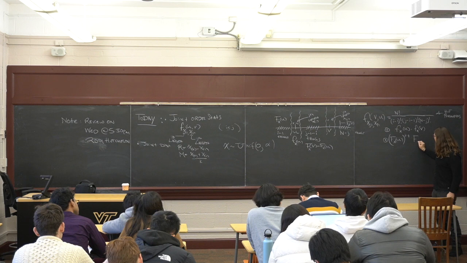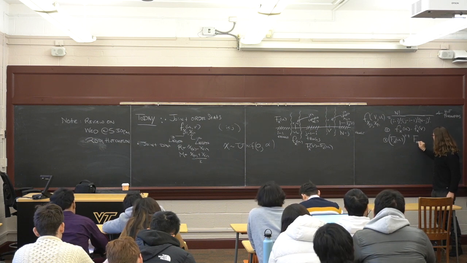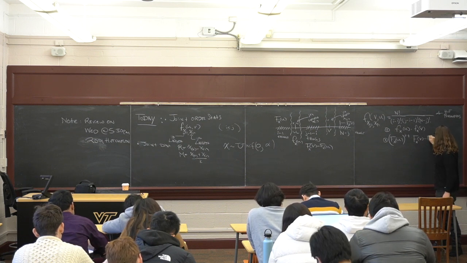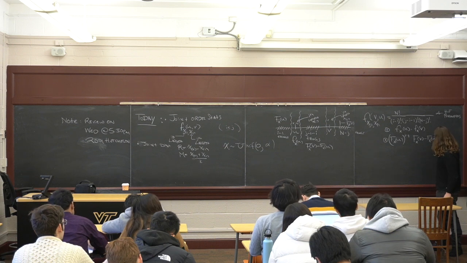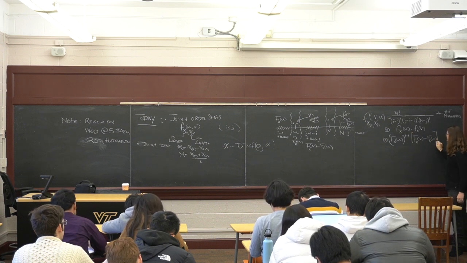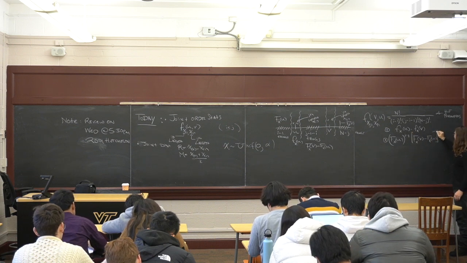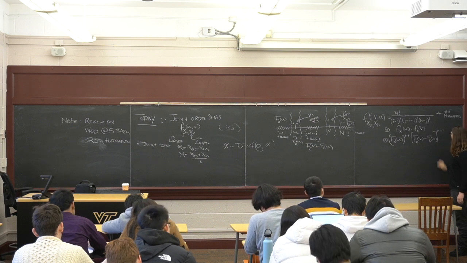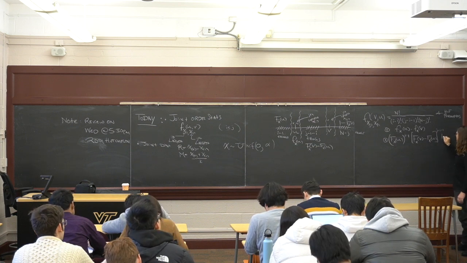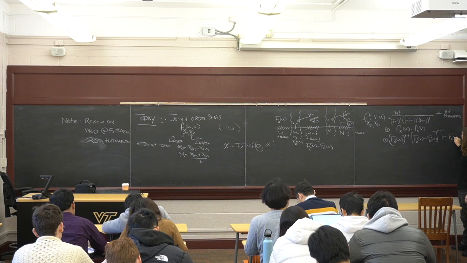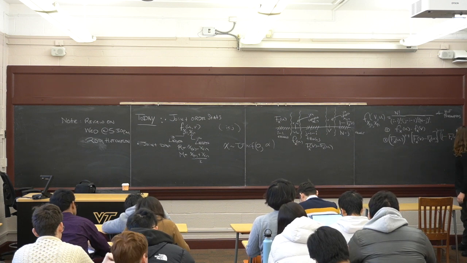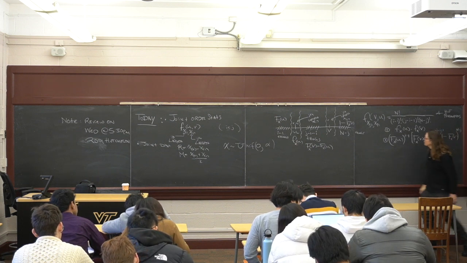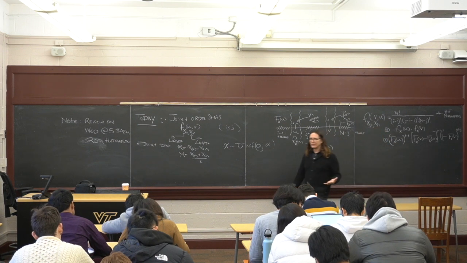So times this probability, f of x v minus f of x u, to the j minus i minus 1. And then I've got the complementary probability, f of x v to the n minus j. And that's my density function.